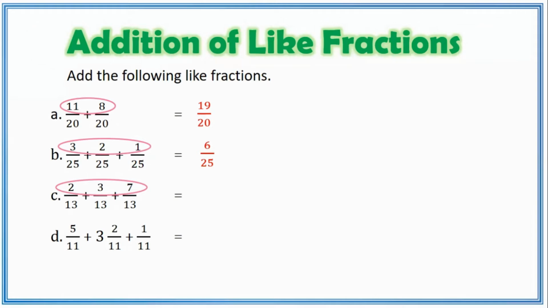So the answer will be 12 out of 13. And for letter D, 5 plus 2 plus 1 is equal to 8. So the answer will be 3 and 8 out of 11. Is it understood? All right.